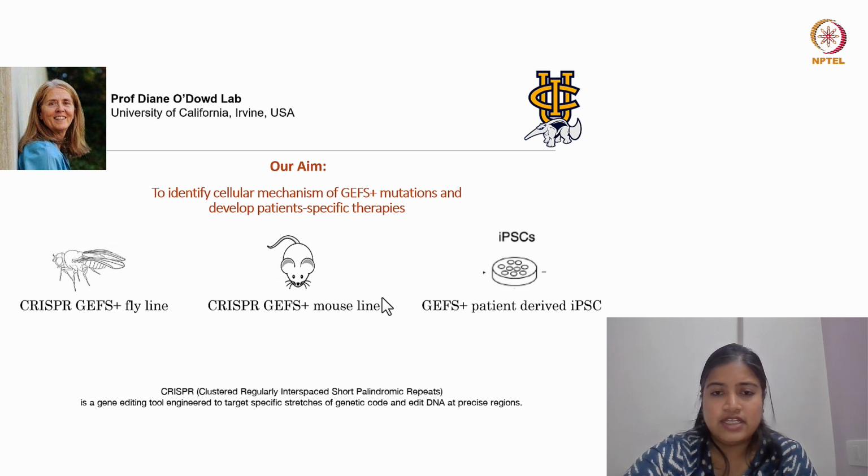The aim of our study was to find out conserved cellular mechanisms that would give rise to GEFS plus seizures, and then try and see if we can come up with a novel therapy or novel drugs that could cure or control these GEFS plus seizures.